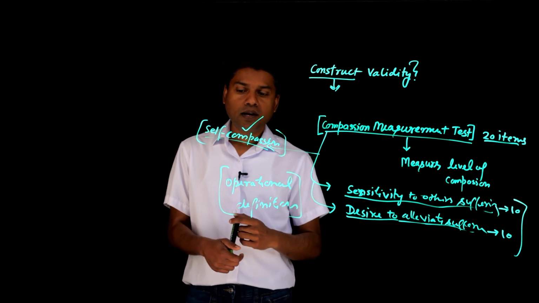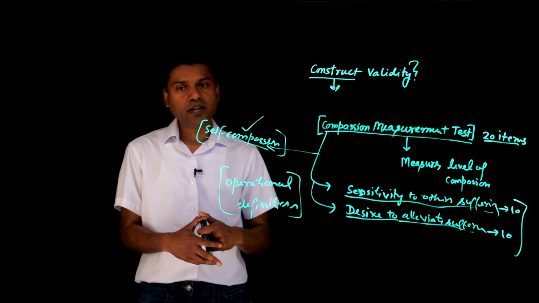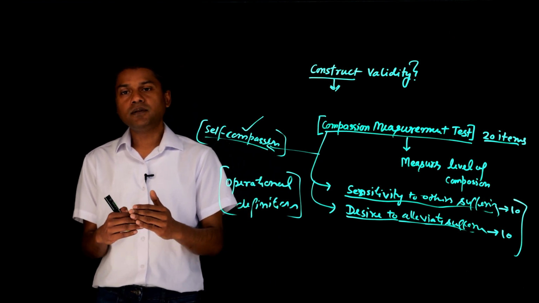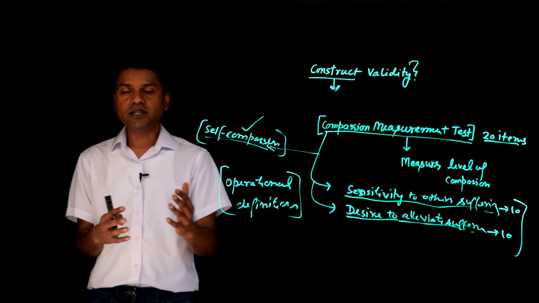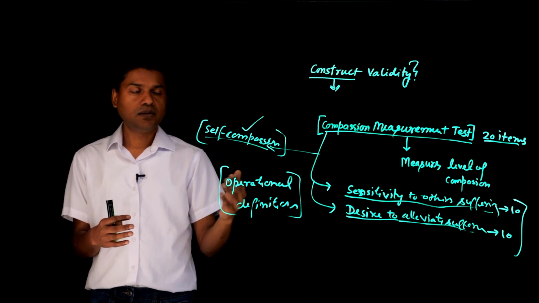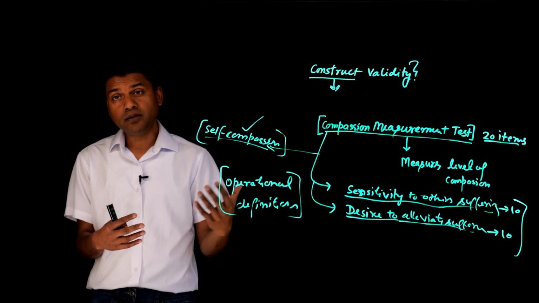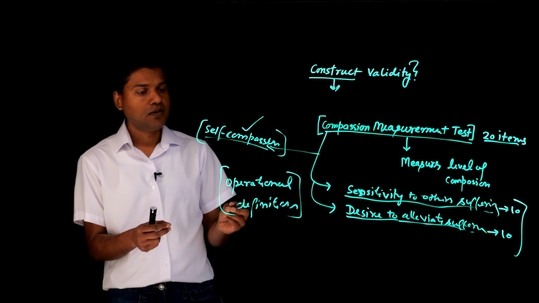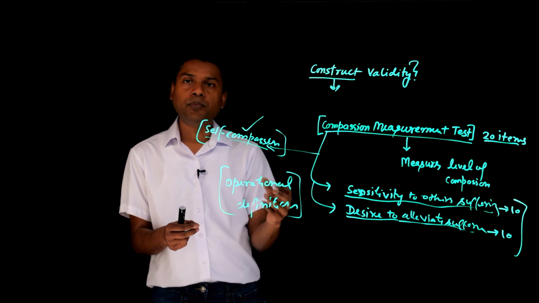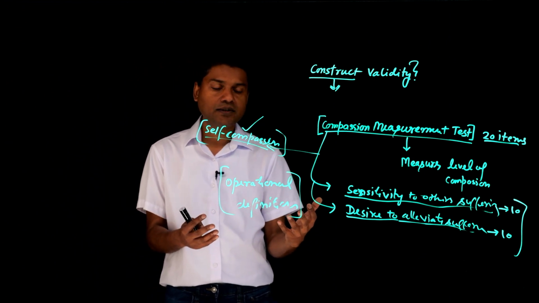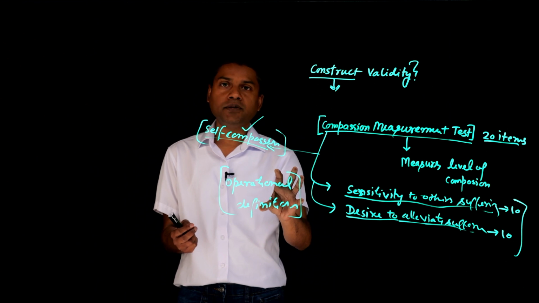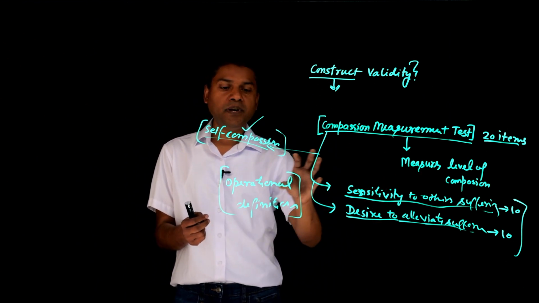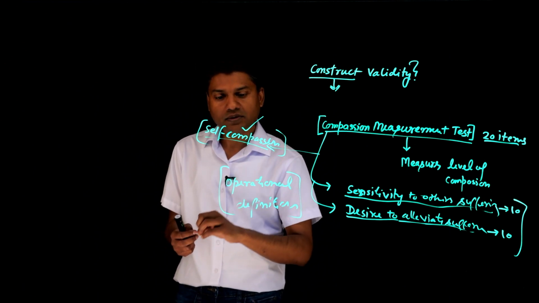And construct validity is very important because the moment a researcher starts developing a test, developing an instrument to measure anything, the first step is what is the operational definition of this construct. Once you define the operational definition, then you start developing items based on those operational definitions.